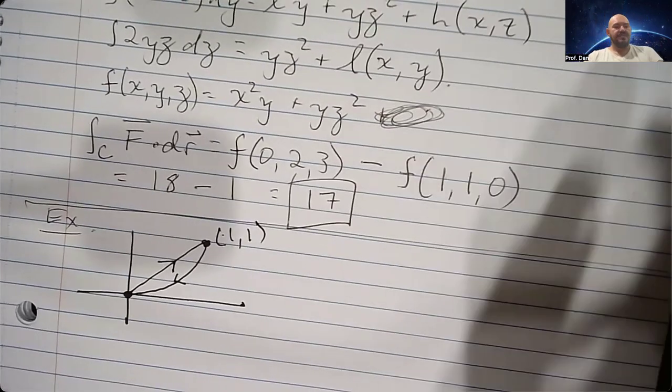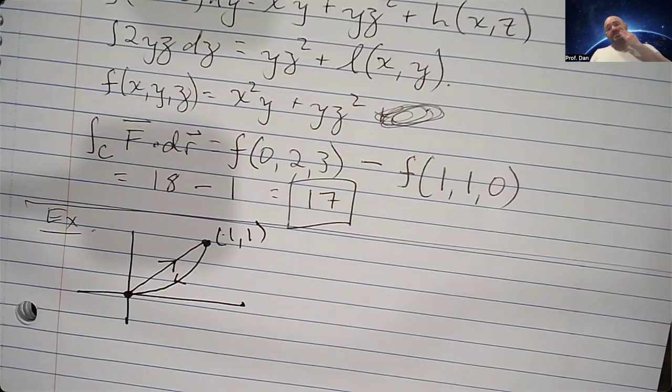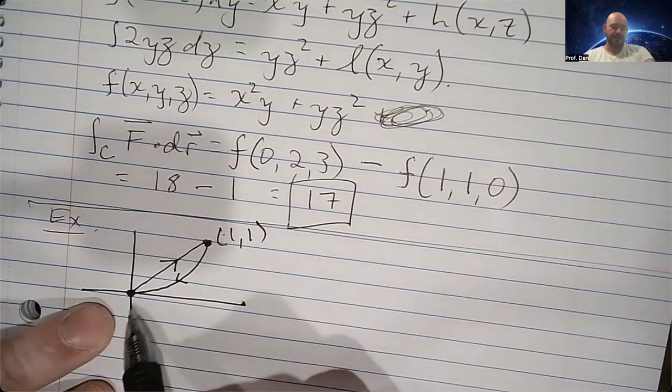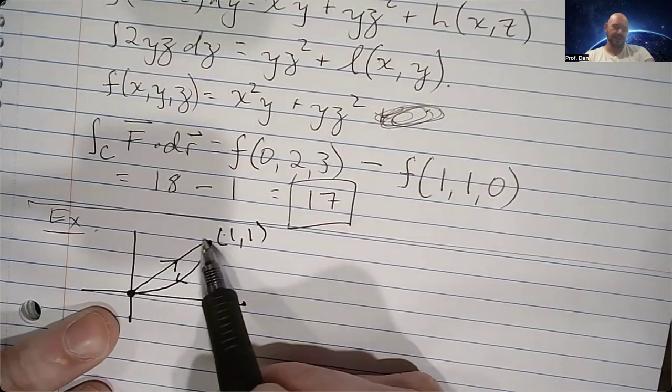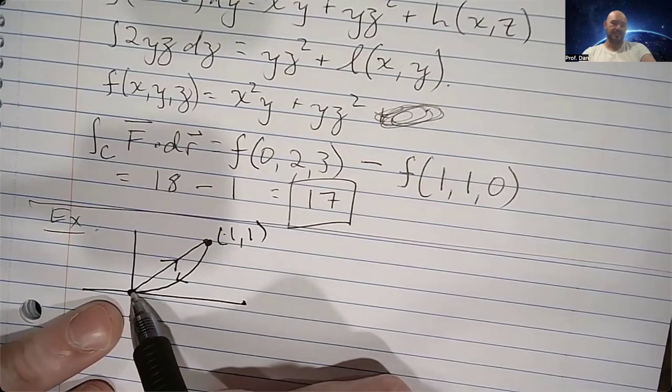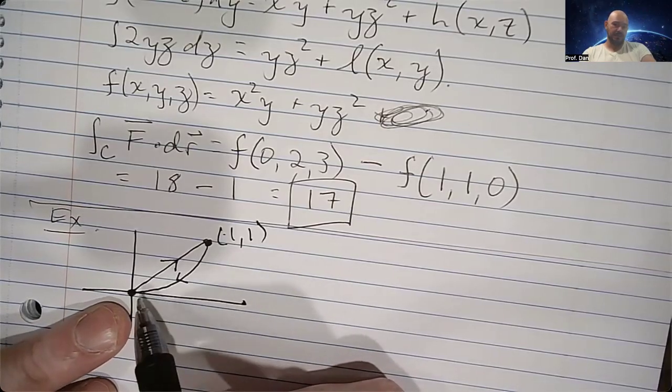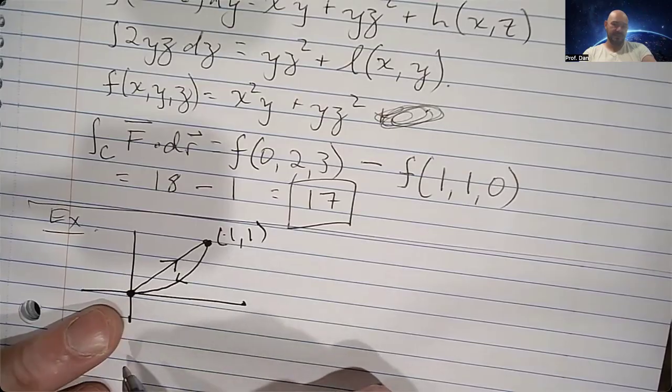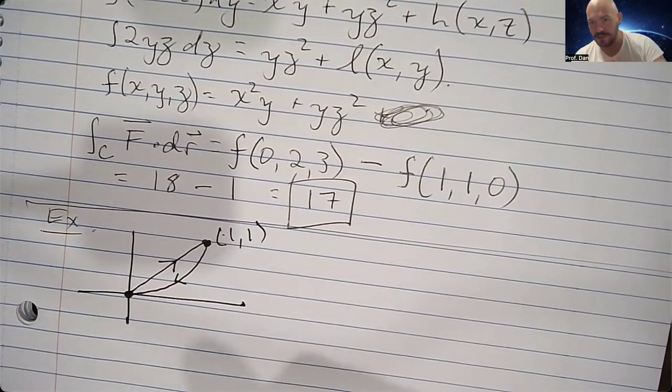Before, in a previous video, we had this case where we had a particle that starts here, moves along the line, comes back along the parabola. The point is that we start and stop at the same point, right? We begin where we end. We end where we began.